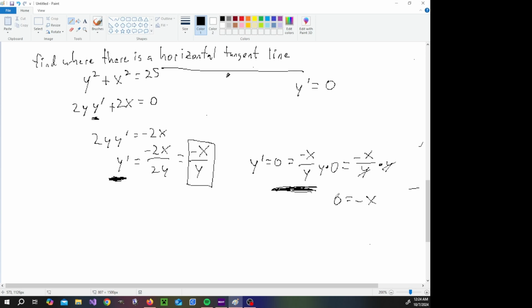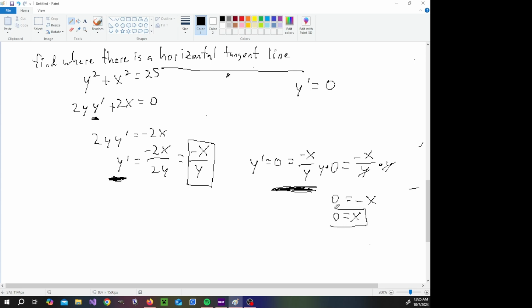And it turns out that's a pretty okay thing to do, because saying the fraction negative x over y is 0 can only happen whenever the top is 0 and the bottom happens to not be 0 as well. So as long as we just double check that our x and y values are valid, then we're good to go. So really we have negative x is equal to 0. Well, that's just saying x is 0.